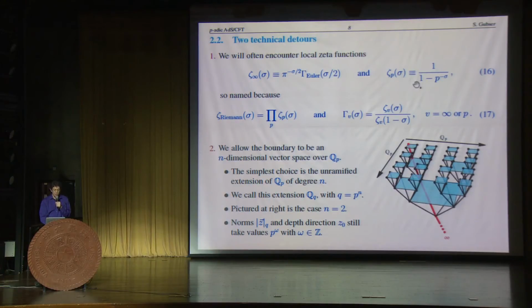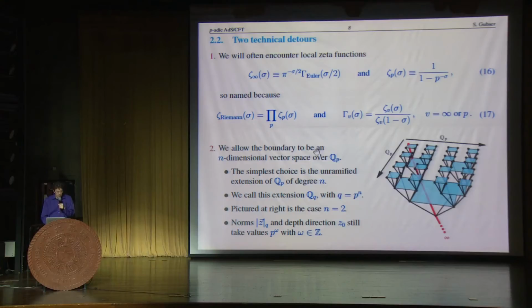It's motivated because I can write the Riemann zeta function as what I think is called an Euler product over all primes p of these local zeta functions for each p. If you add in a relation for gamma functions, then this previous claim that the product over all v of the gammas equals 1 is an equivalent statement of Riemann's functional relation for the zeta function.